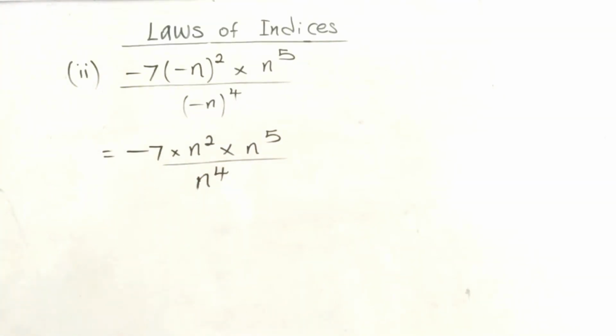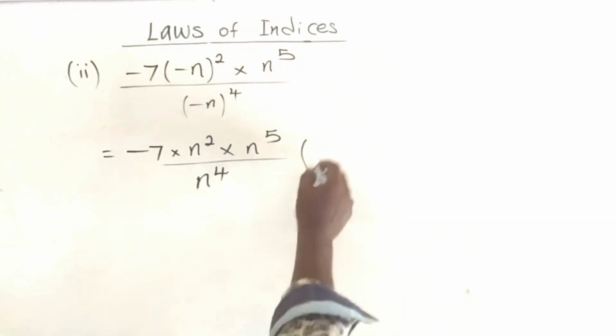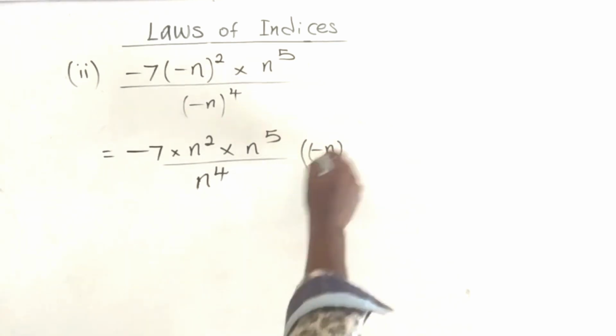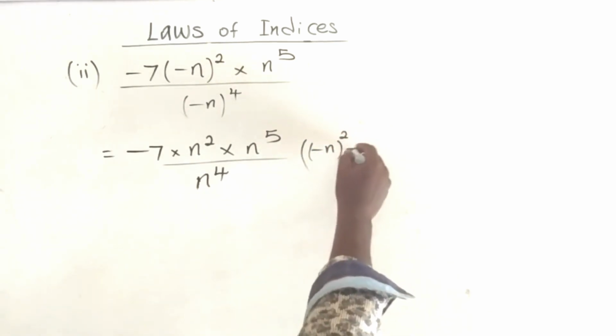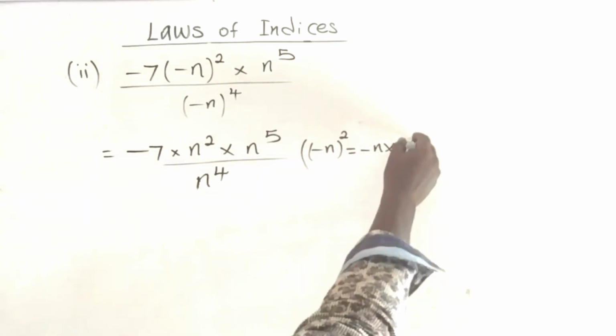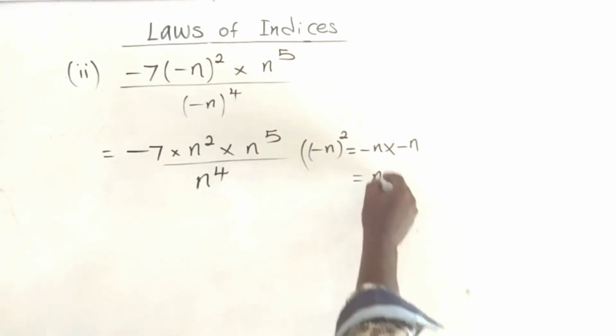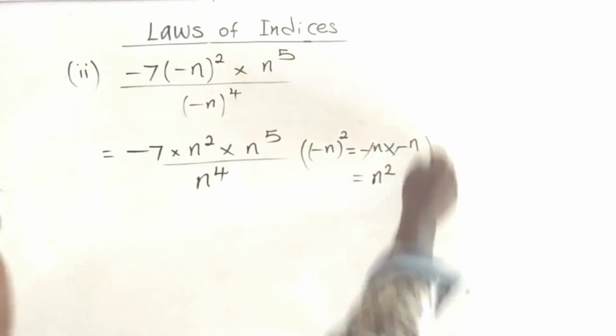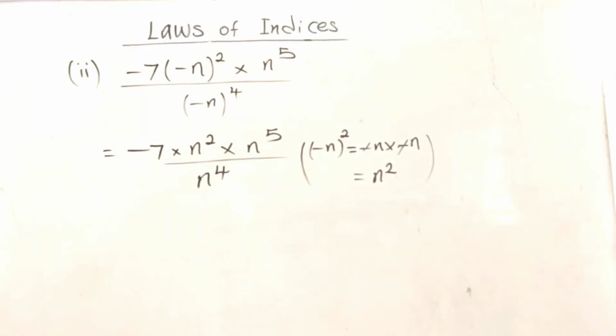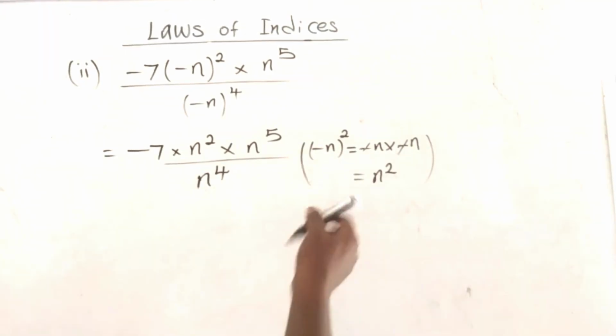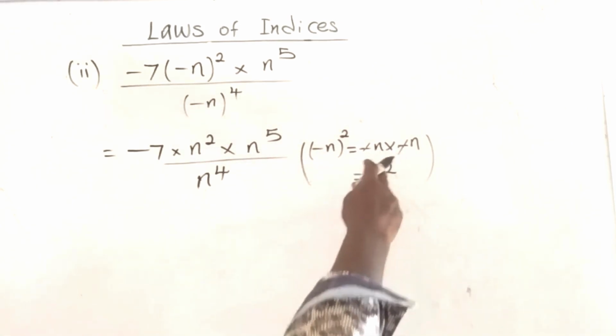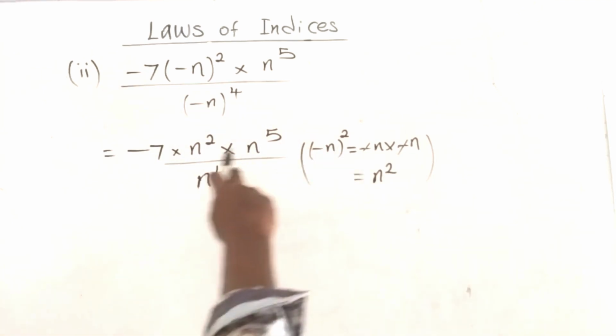So how do you get n squared? Minus n squared means minus n times minus n, which is n squared. So take note, the two minus signs will cancel each other. So that is how we have n squared.